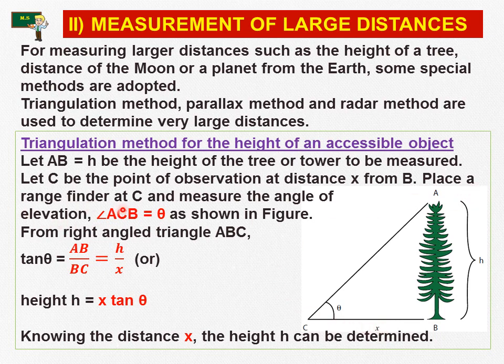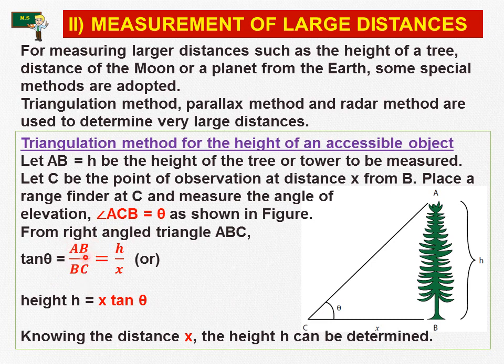Place a range finder at C. We have to fix a range finder at C and measure the angle of elevation. That means we have to find the angle of elevation between A, C and B, which is equal to theta. From this figure we are taking this angle as theta. Now tan theta is equal to AB by BC.